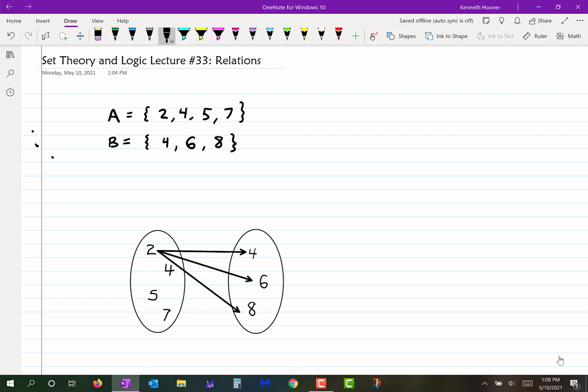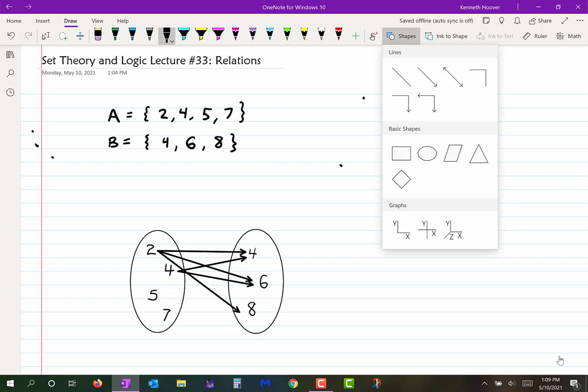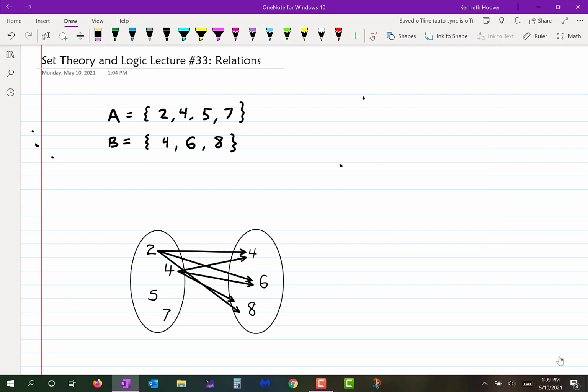Okay. And then let's do 4 is also related to all 3 numbers. But 5 is only related to 6 and 8.